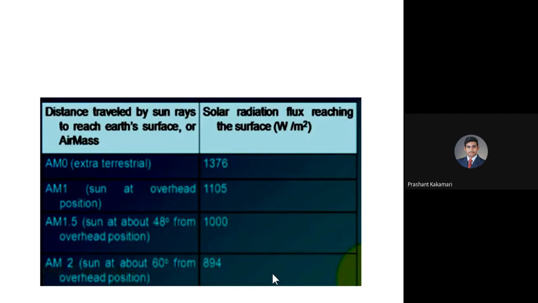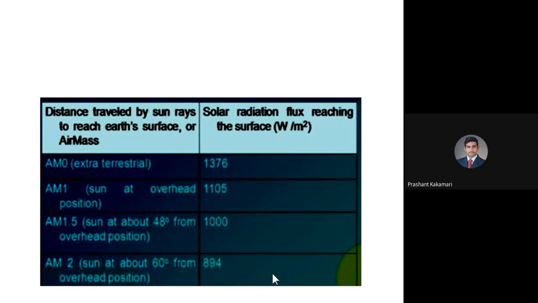So when air mass is zero, or there is a vacuum, or no atmosphere itself, there I can consider the maximum solar radiation received above the earth's atmosphere. They have given around 1376 and we are taking 1353, whatever. That is the maximum radiation available above the atmospheric surface in watt per meter square.